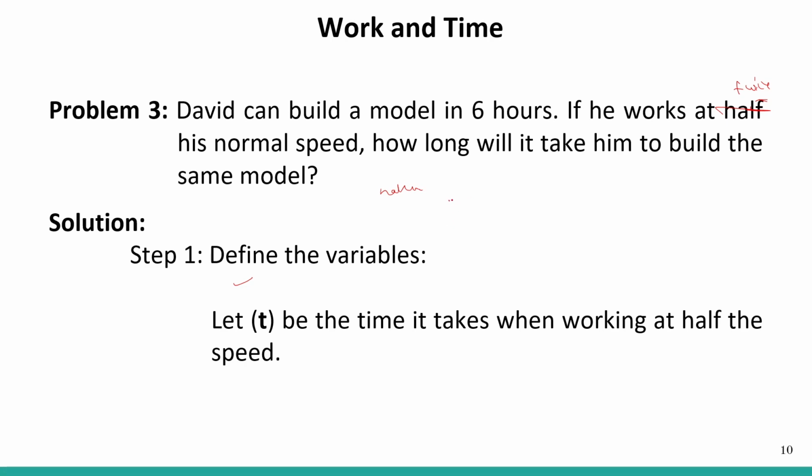For the same work, work into time: 6 into 1 is equal to x into 1 by 2. So this implies that x is equal to 12 hours. If his speed is half, then he will take 12 hours to complete the same model.